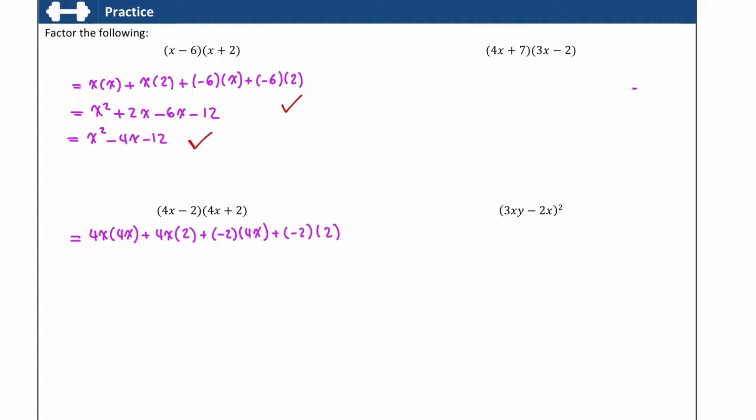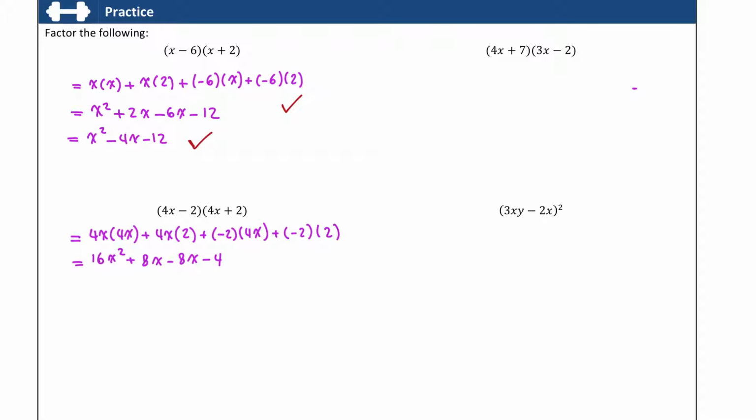So once I do this, I get 4x times 4x, which is 16x squared. I get 4x times 2, which is 8x. I get -2 times 4x, which is -8x. And I get -2 times 2, which is -4. Can I simplify my answer? Well, I have x squared, no more x squares, but I do have x and x.